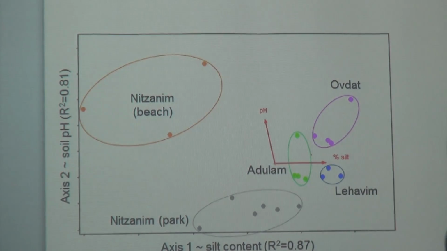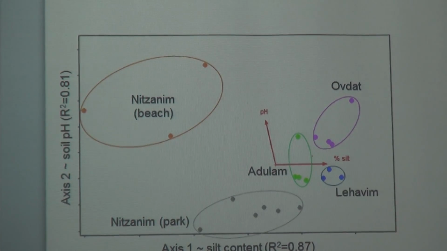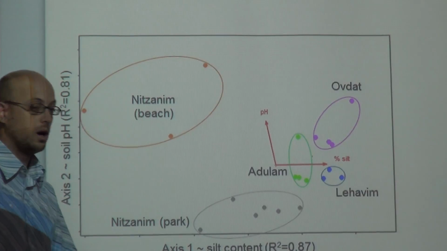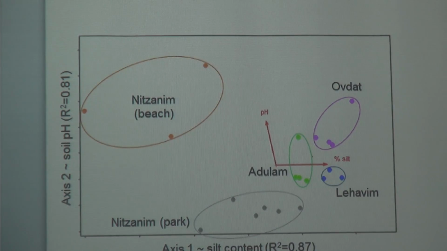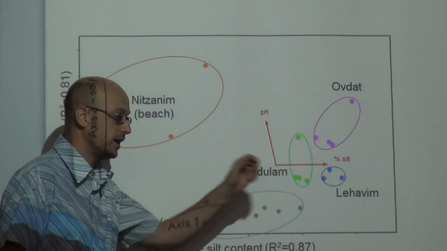Yes. But here they have some meaning. Yes. When you do the ordination, the axes have no meaning. But then you can do more tests, more complicated tests, different tests, to show you if there is correlation between any of your parameters and the data here.